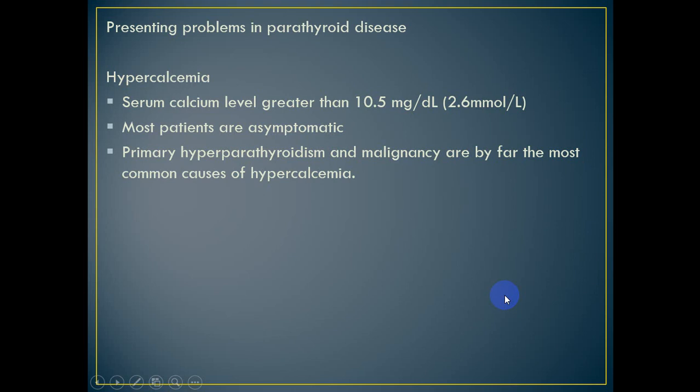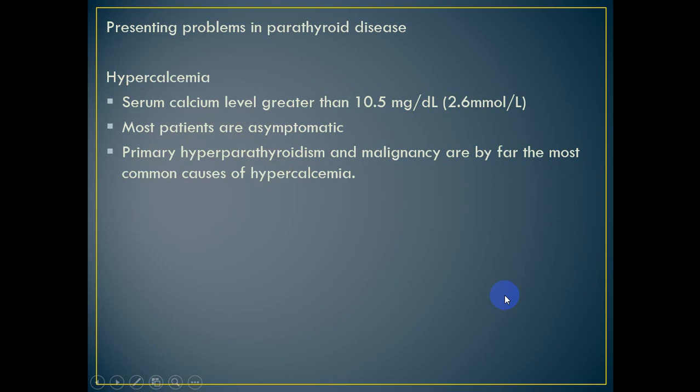So in order to assess a patient with increased parathyroid hormone, we need to know what hypercalcemia is first. Hypercalcemia is marked by serum calcium level above the normal range, which is usually more than 10.5 milligrams per deciliter.